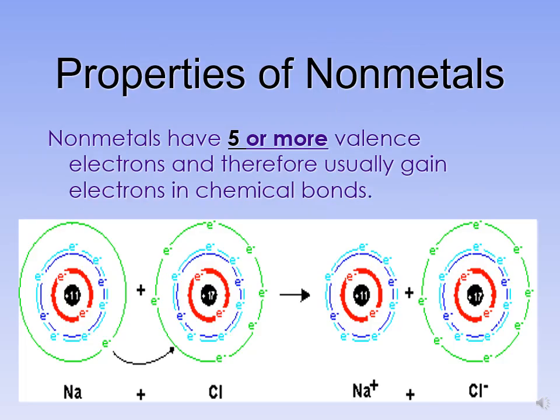And for nonmetals, most of the nonmetals have 5 or more valence electrons and are therefore usually trying to gain electrons to complete their outer shells. And so here you have an example of sodium metal, which is donating an electron to chlorine, which is a nonmetal, creating a mineral, sodium chloride, which is basically table salt.